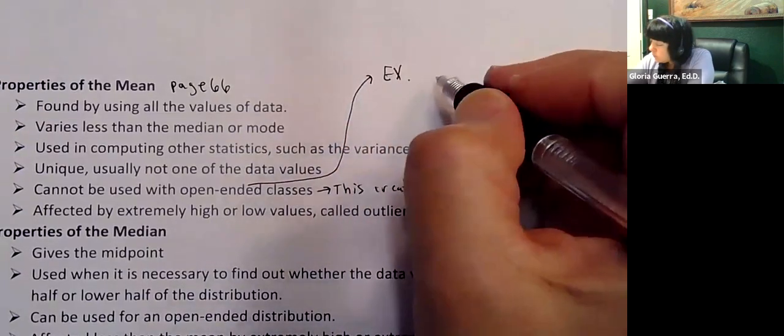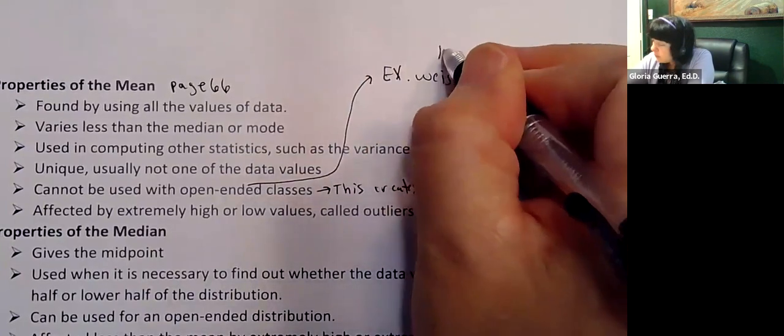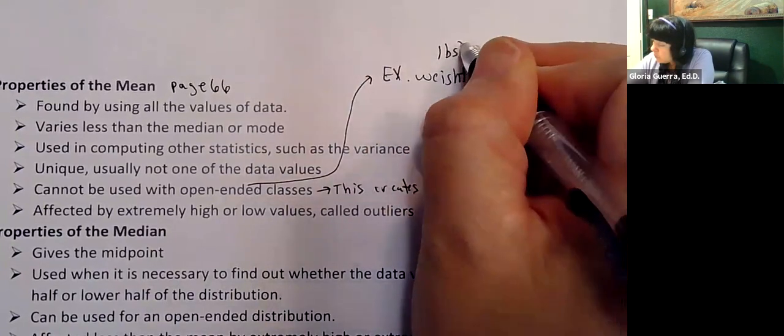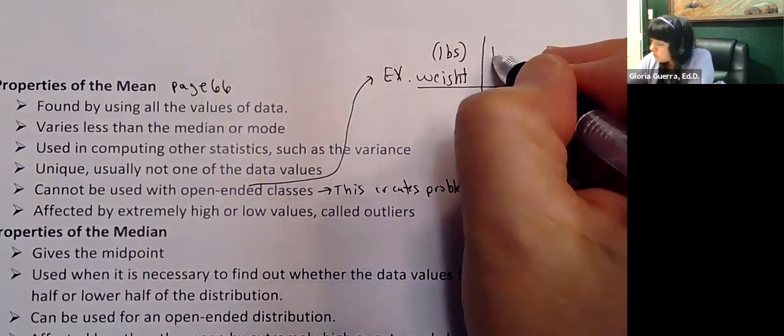So let's say I have weight, in pounds, and then I have number of persons.